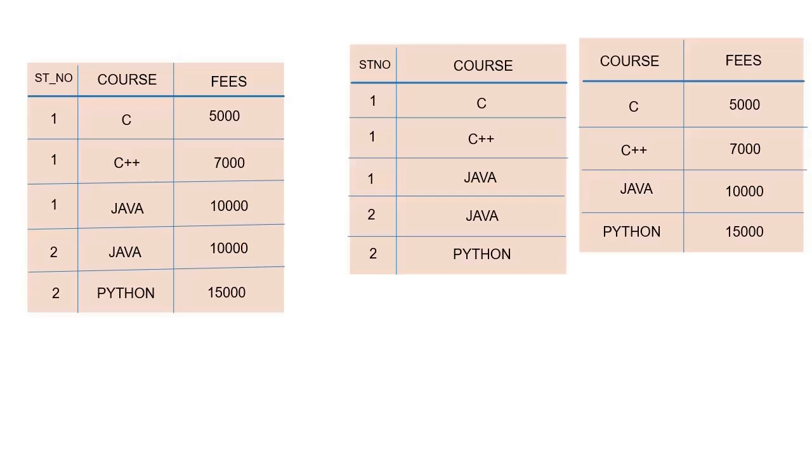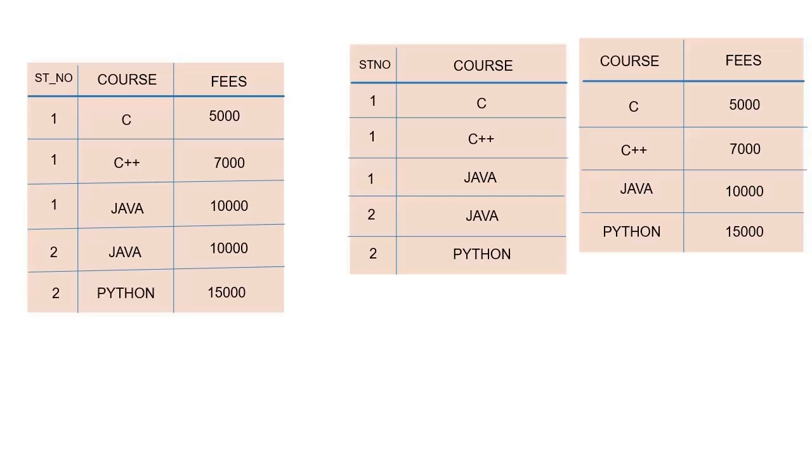Getting into the rule of second normal form, each non-prime attribute should be fully and functionally dependent on prime key attributes. We have already discussed that a prime key can be a single attribute or a combination of attributes, and a combination of attributes regarded as a prime key is called a composite key.